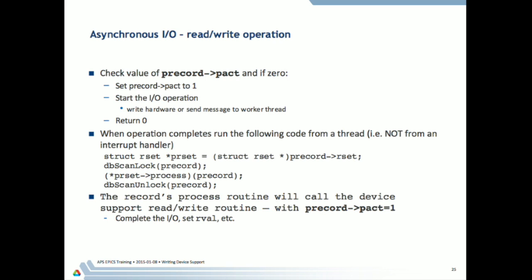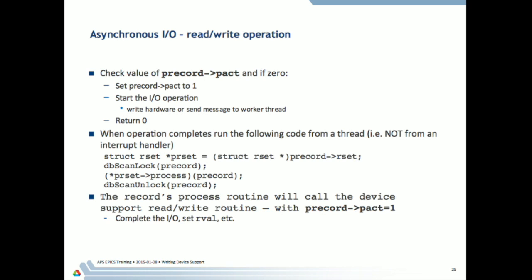What actually happens? In a read-write operation, the PACT field is used to communicate between the record and the device support, and the device support and the record, as to whether an operation is asynchronous or not. Usually in your read or write routine, the first thing you do is check the value of PACT. The device support is normally called with PACT set to 0, which is the start of an I/O operation.